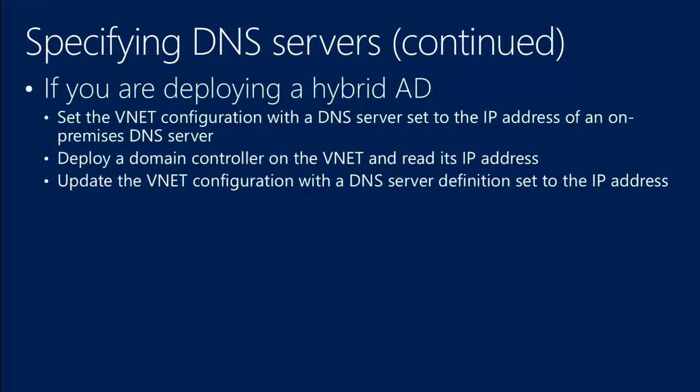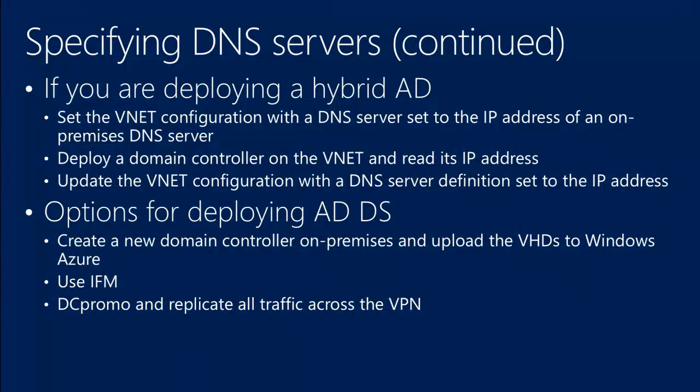If you're deploying hybrid, and you're promoting a domain controller up here, it will need to attach to a DNS server down here. So when you create the VNet definition, you can specify your on-premises DNS address. And then once you know where this is deployed, you can specify your in-cloud DNS address.